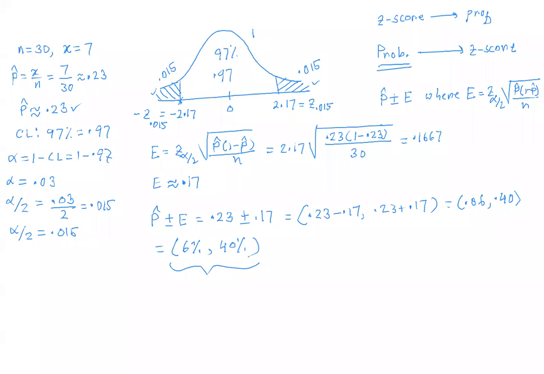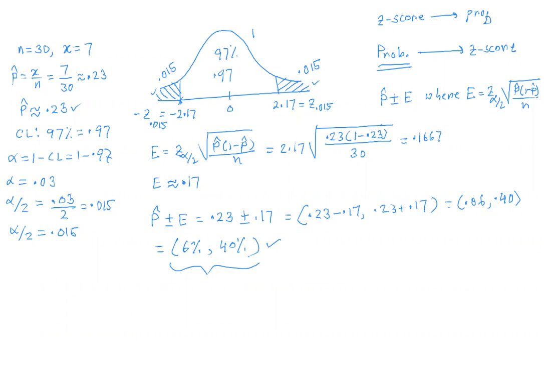You have 97% confidence that the actual population proportion of marijuana users who experience memory loss falls between 6% and 40%. And I have already said it many, many times.